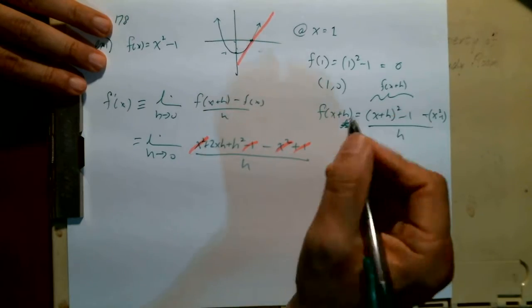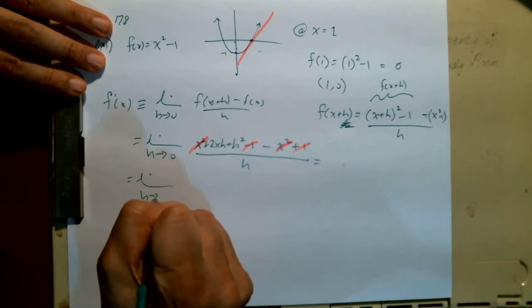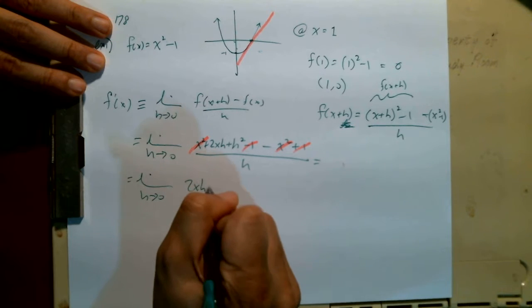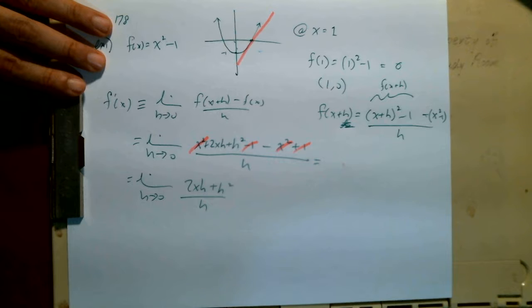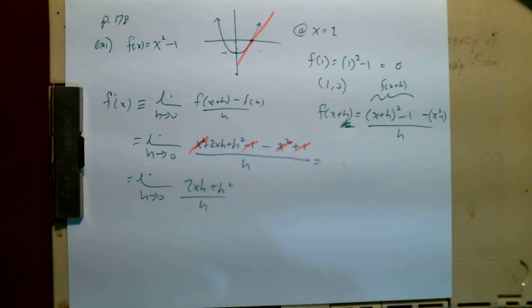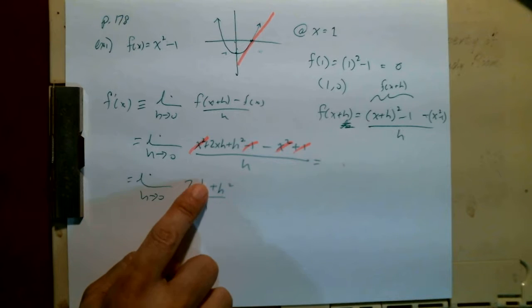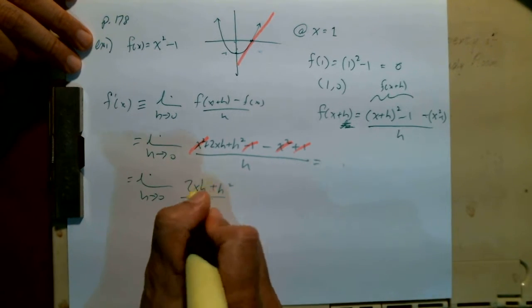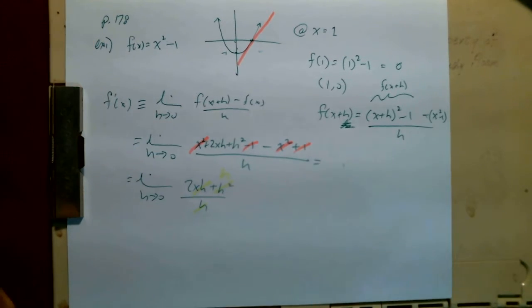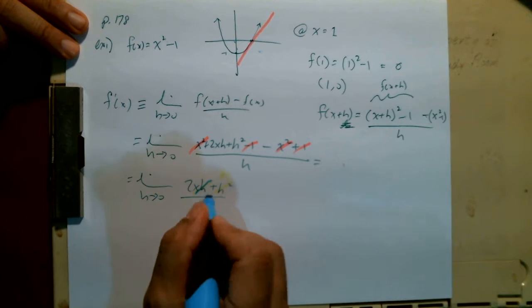So you end up with the limit as h approaches 0 of 2xh plus h squared all over h. And you will notice something else too: the h has to cancel. If it doesn't cancel, then you're going to have some problems. So you cancel an h here and an h here. That becomes h. You can't really see this very well, so I'm going to use blue. Cancel the h here and h here.